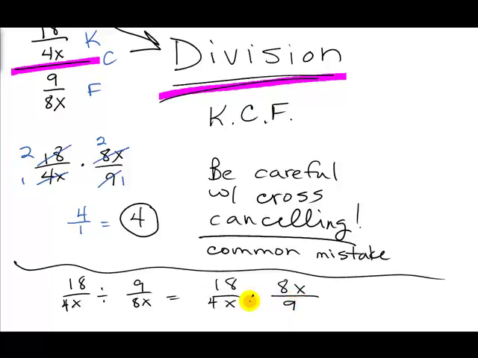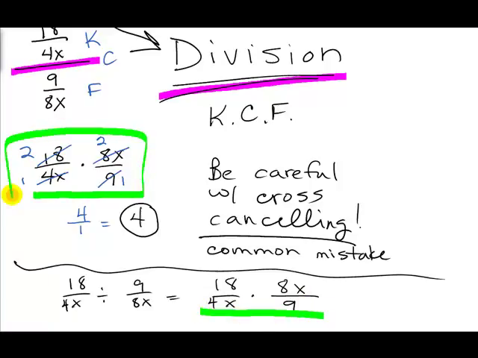Then you'll see that I'm ending up with the same thing that I have there. So either go straight from here to here or rewrite it as division and then do the keep, change, flip.